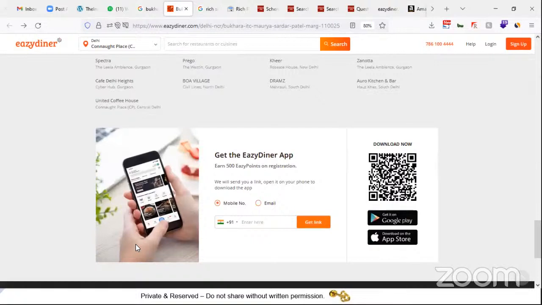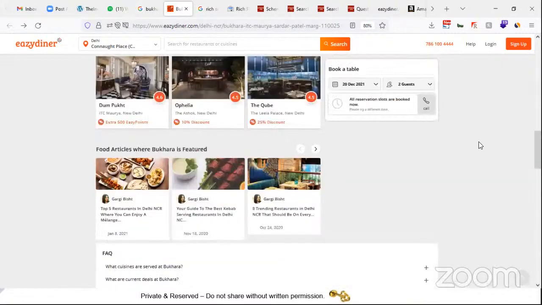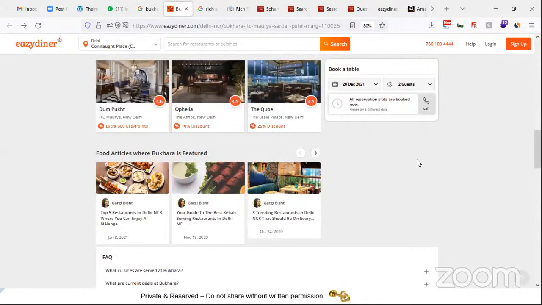So we also try to insert keywords into the alt text of the images.